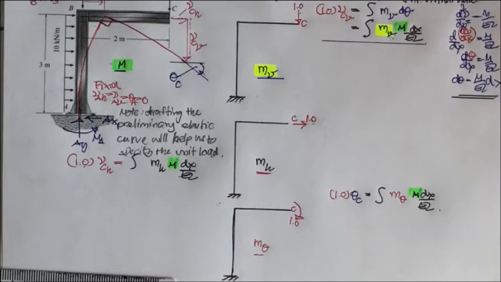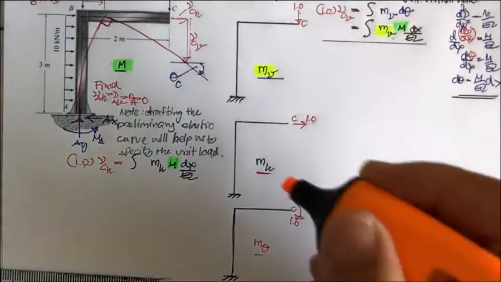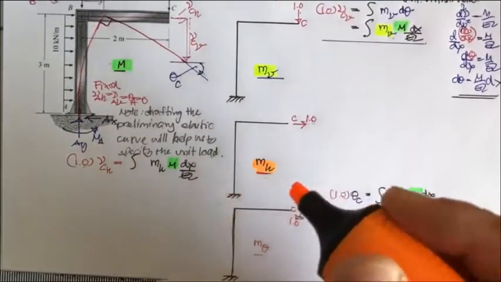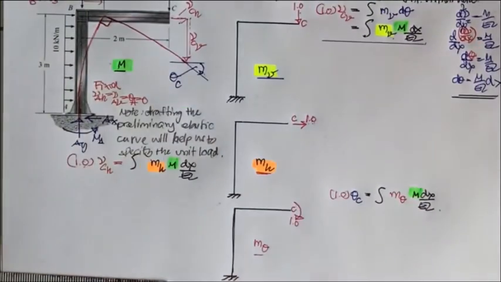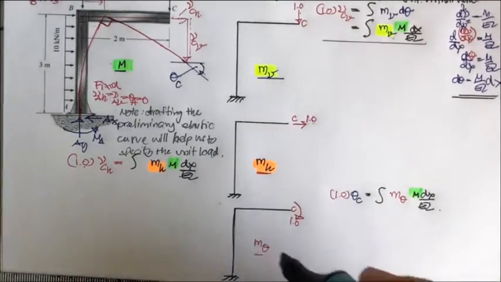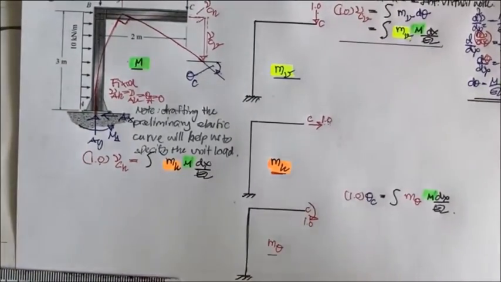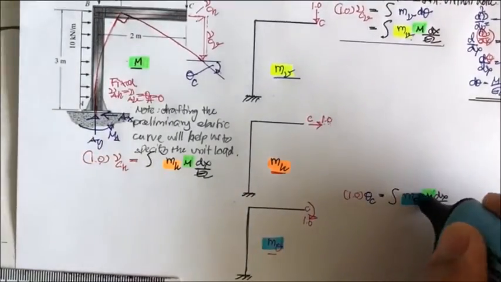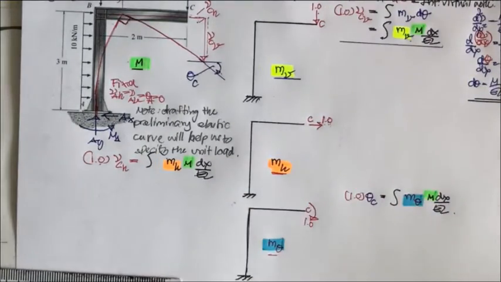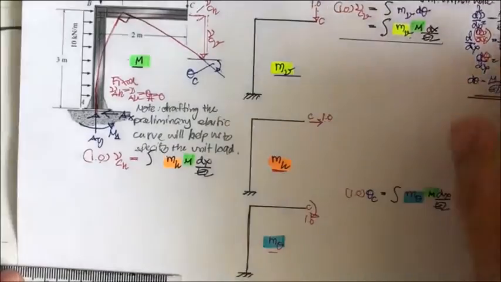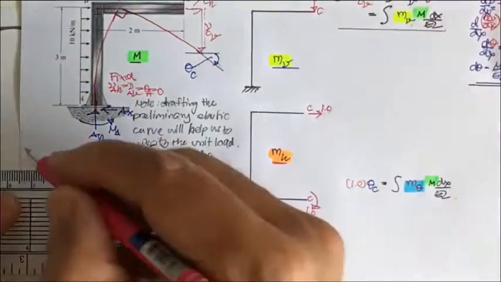Then we put m sub h to get it here, and the last one we determine m sub theta to put it here.